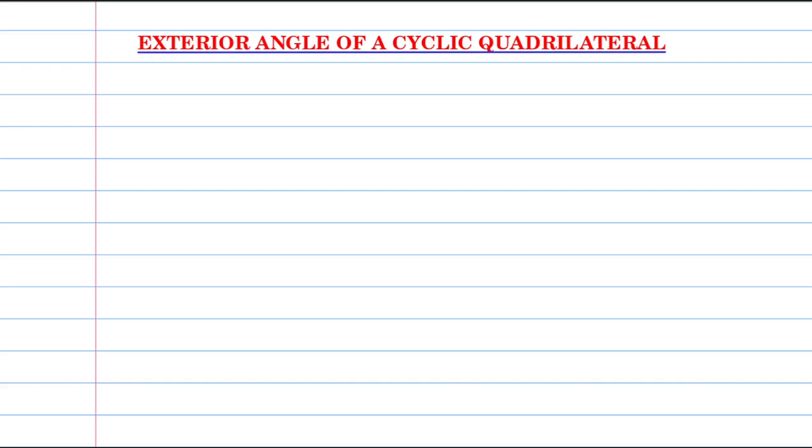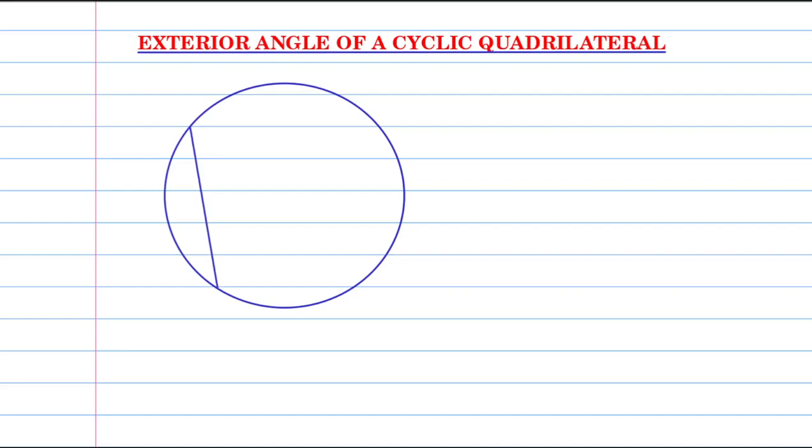Now let's try to view what this exterior angle of a cyclic quadrilateral is. Let's first draw our circle here, and then let's draw our quadrilateral inside that circle, and we are going to call this quadrilateral a cyclic quadrilateral, like that.